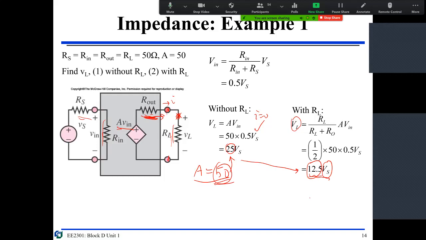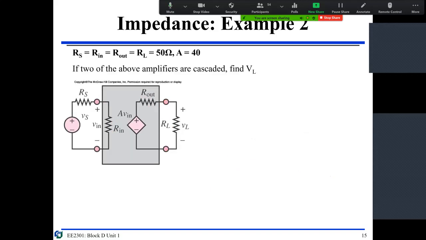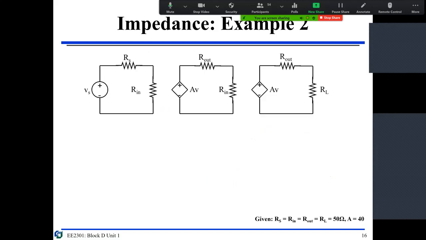That should alert you to ask: what is my input impedance? What is my output impedance? So if I cascade these two, I have something like this.